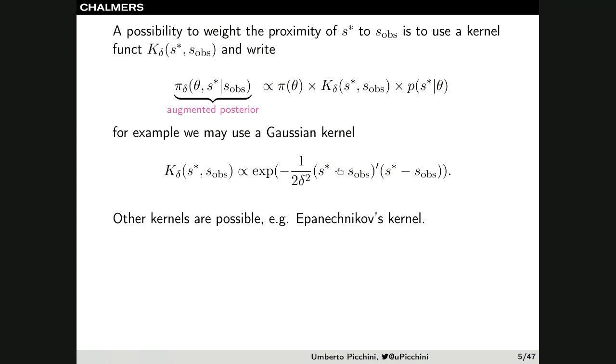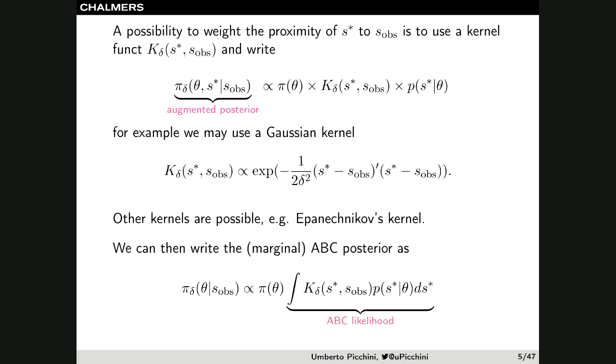Other kernels are possible, of course. For reasons that I'm not going to touch in this talk, but which are detailed in the paper, we should not use, in this case, a flat kernel, so not a uniform kernel, or stratified Monte Carlo becomes vanilla Monte Carlo. But I'm not going to touch on this point during the talk.